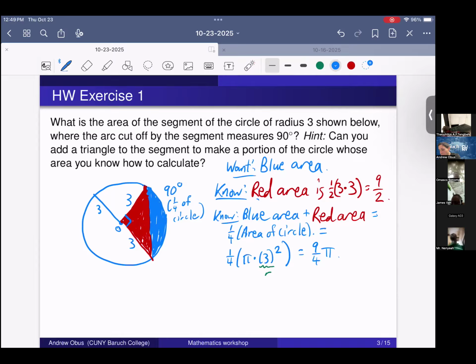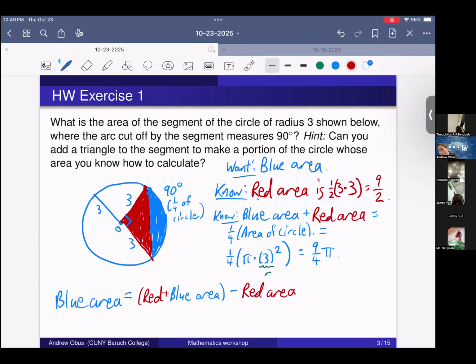And so if you want to just know the blue area, the blue area equals the red plus blue area minus the red area, right? We already know what the red plus the blue area is.